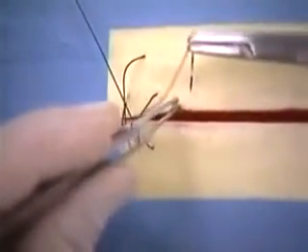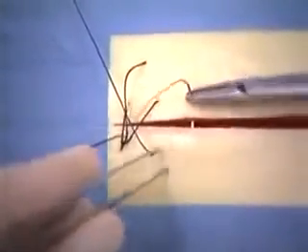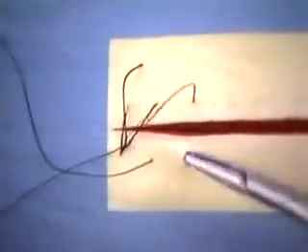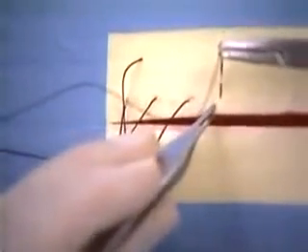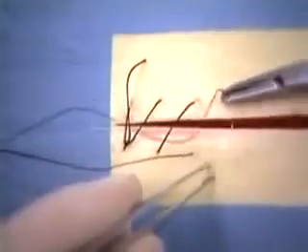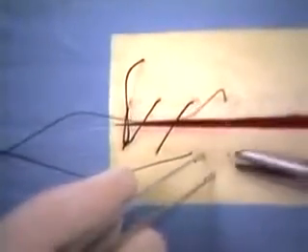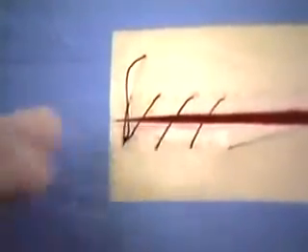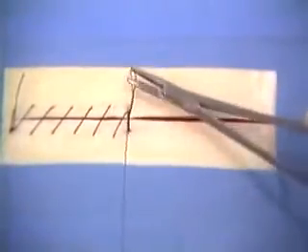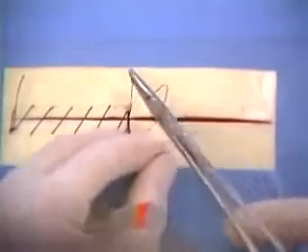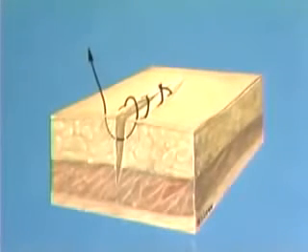The needle is advanced and introduced through the tissue perpendicular to the incision line. No tying is done, as the suture is again advanced and reintroduced in the same way as the previous sutures. At the end of the incision, the suture is knotted securely. This illustration shows a completed simple continuous suture.